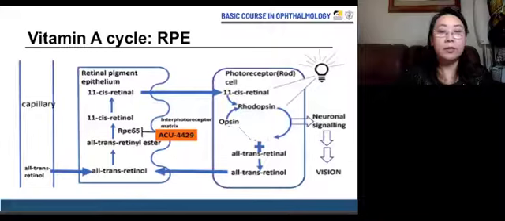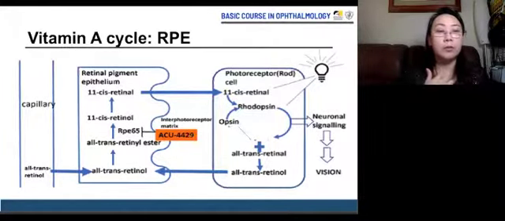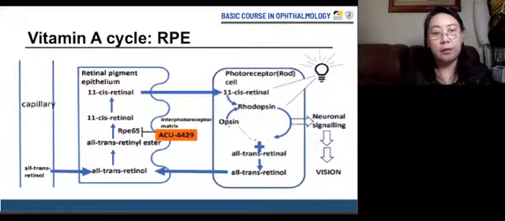The liver secretes all-trans retinol, which combines with serum retinol binding protein and is carried to the choriocapillaries. It reaches the RPE base, and inside the RPE, all-trans retinol is isomerized to 11-cis retinol and oxidized to 11-cis retinal.